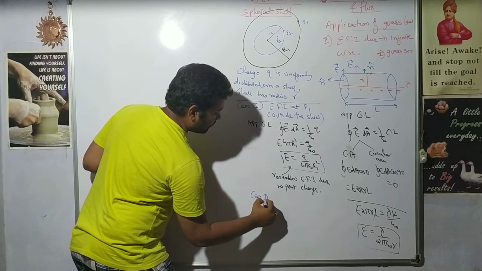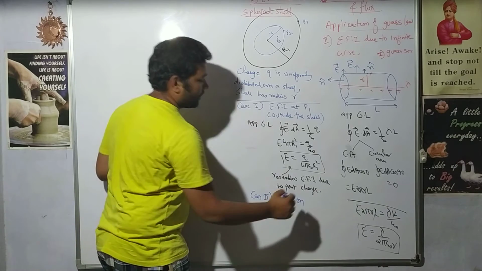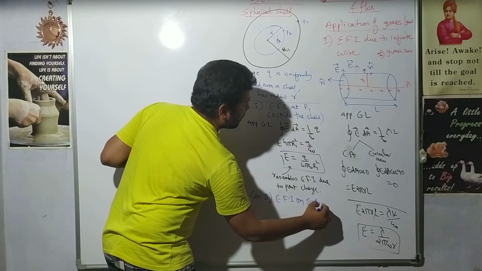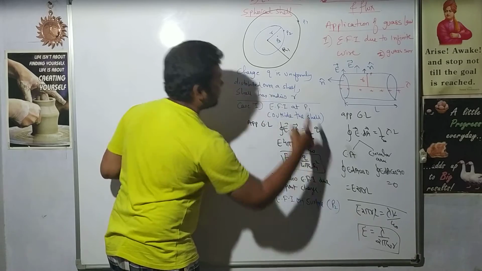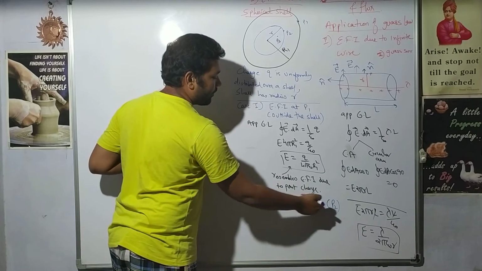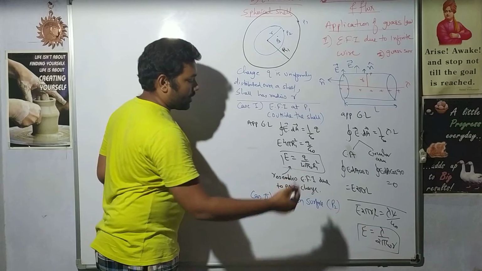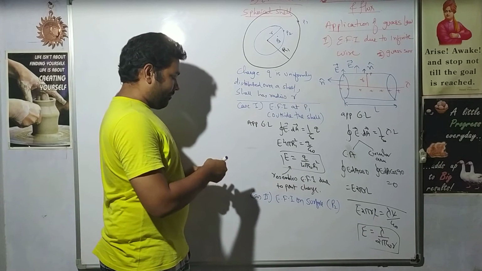So case 2, electric field intensity on the surface, or as written, at a point P2. You can give that as a heading, electric field intensity at P2. Since P2 is on the surface, you can use this general phrase, electric field intensity on the surface.